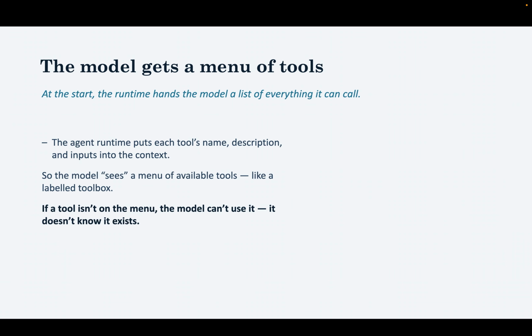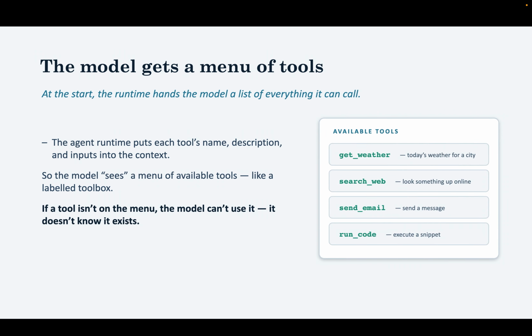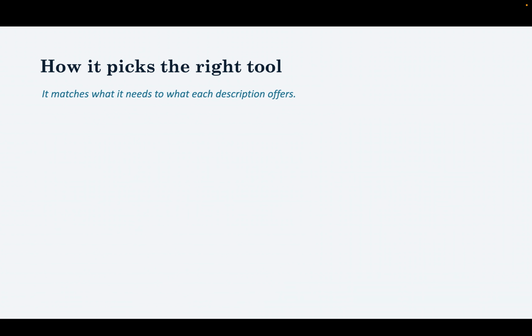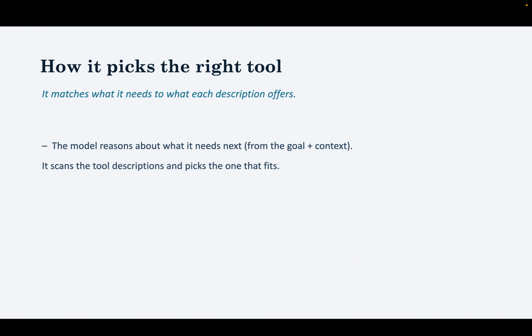So if it's not on the menu, or its context is not available, then the model doesn't know how to call it. Some of the possible tools or functions that are available are get weather, like we used in the Tokyo weather example, and then search web, send email, or run some kind of code snippet. So how does it pick the right tool? It matches what it needs to what the description offers. The model reasons about what it needs next.